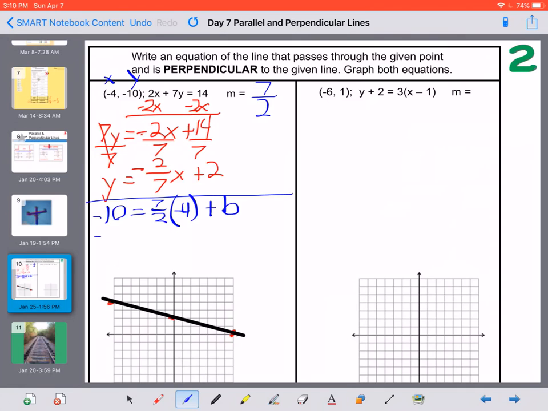So what we'll get is -10 equals -28/2 plus b. What that equals is -10 equals -14 plus b. Then we would add 14 to both sides, and b is going to equal 4. So b equals 4. I'm going to go up 1, 2, 3, 4, and put a point there.